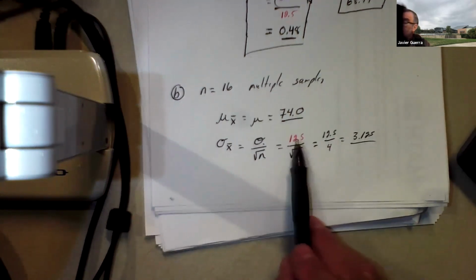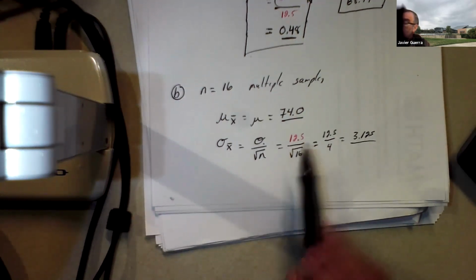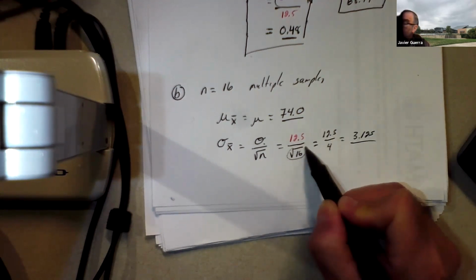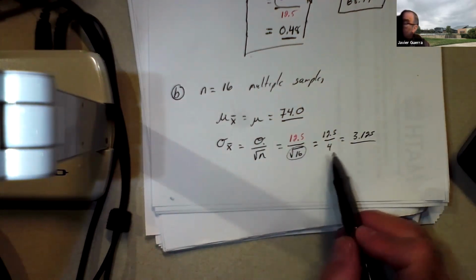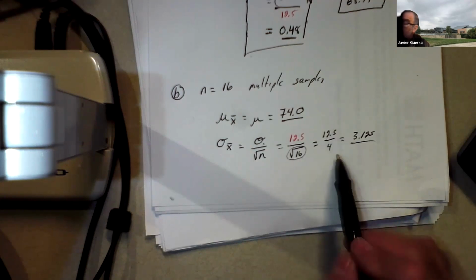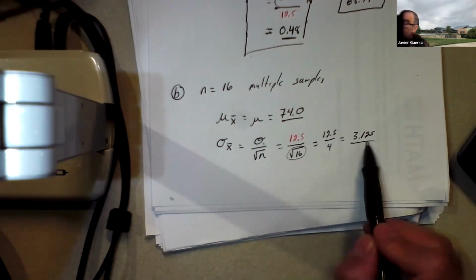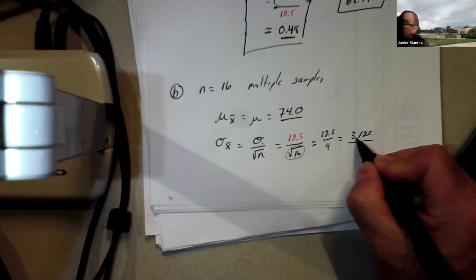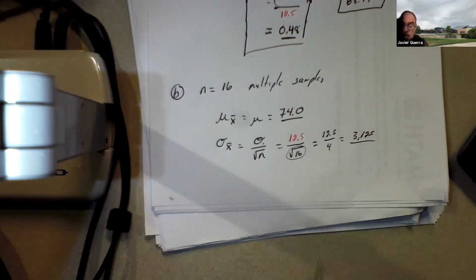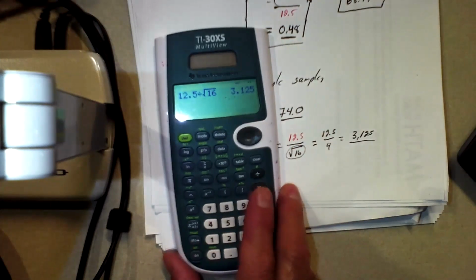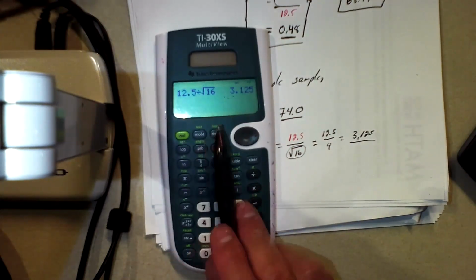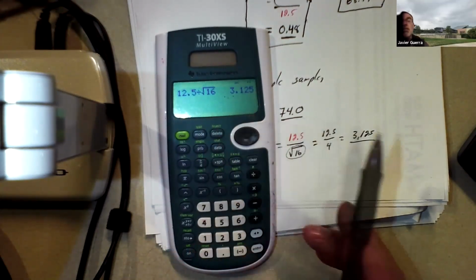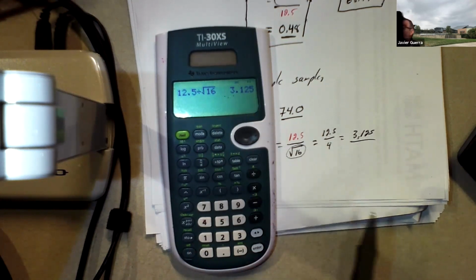Yes, so you all can do it in parts. You wanna do the square root first? Go for it. Whatever answer you get, you're gonna go ahead and divide the top number by whatever you get for the square root, and then calculate it. Or you can do it in one fell swoop. I was able to do it in one on the same line. I did 12.5 divided by square root of 16. I just did it all at once.